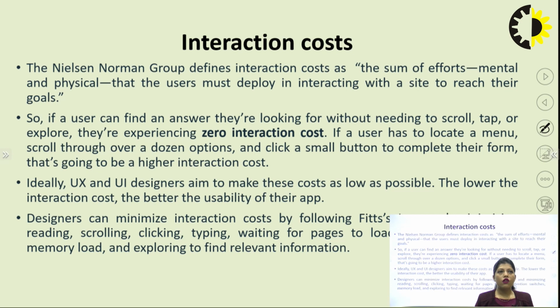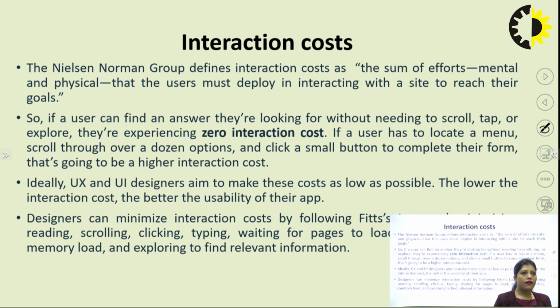So interaction cost is nothing but the sum of efforts taken by the person, both mental effort and physical effort, because mentally the user recognizes the object, and physically it is the hand movement of the user. So this is the interaction cost.